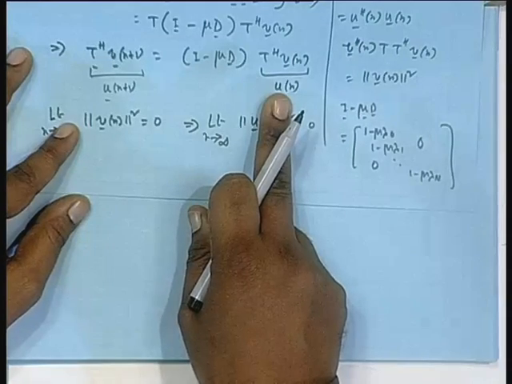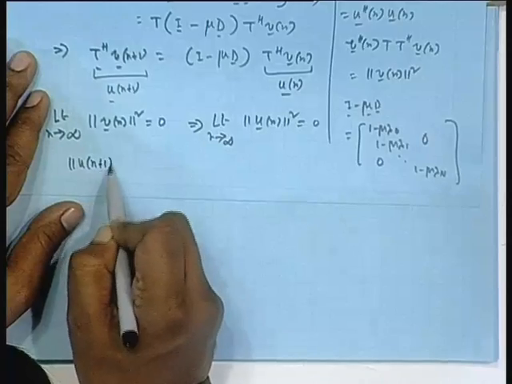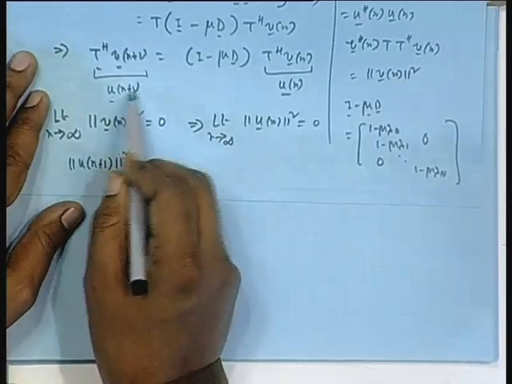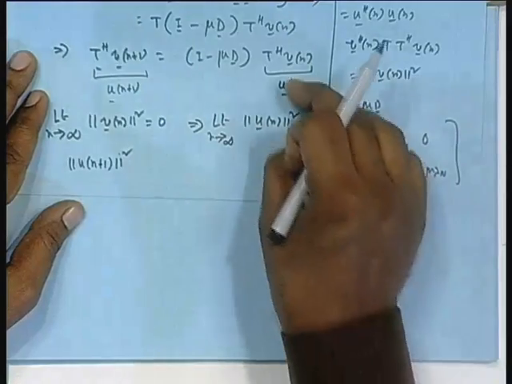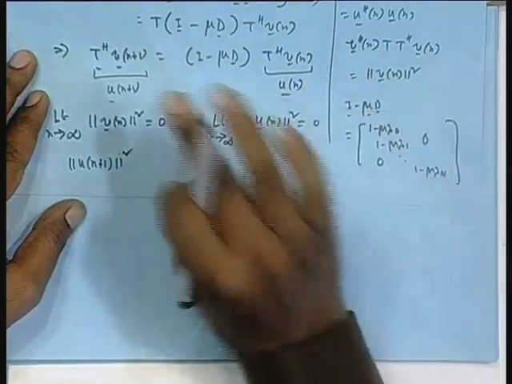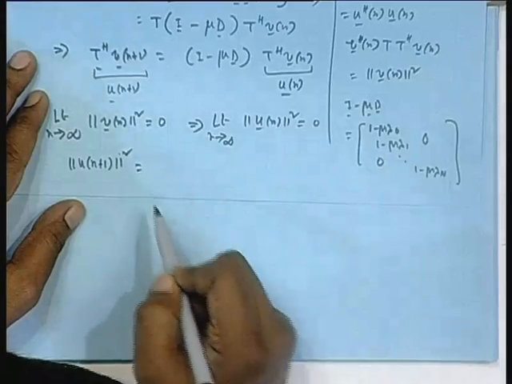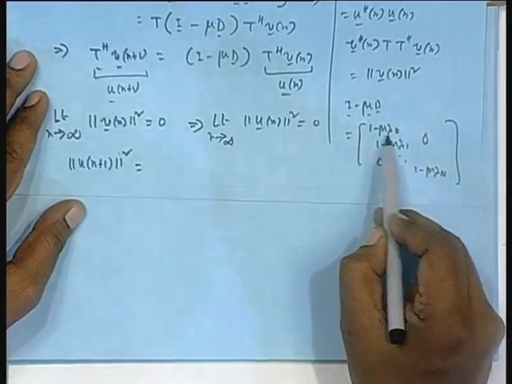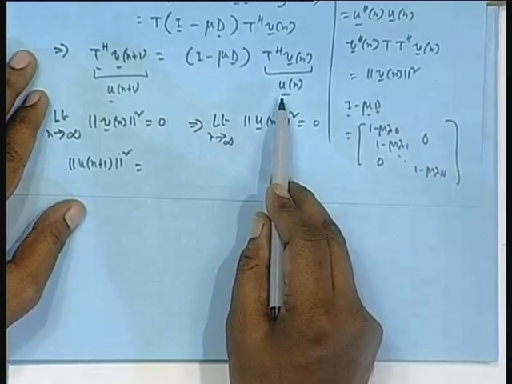So, if you take the norm square of this side, that is the same as what? This diagonal matrix times the vector is another vector, and its norm square, isn't it? And norm square of that means 1 minus mu lambda 0 times the first entry of U n, squared.